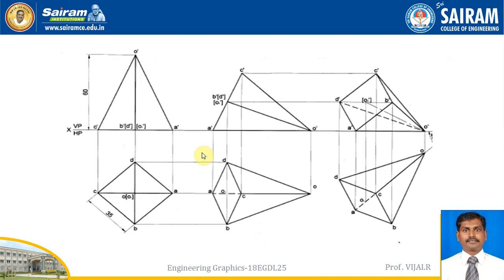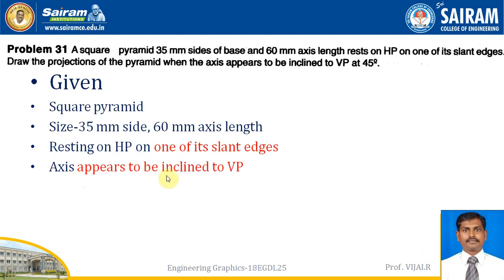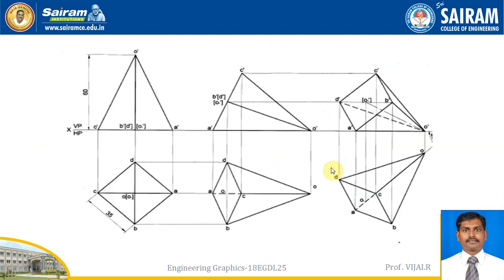Once these two positions are over, we go for the third position, that is, the axis appears to be inclined. What is the angle given? 45 degrees. So we make a 45 degree angle here with reference to the reference line, keeping this axis, you can select OC.